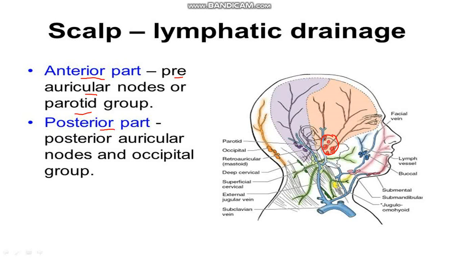The posterior part is drained into the posterior auricular node and occipital group. You can see this occipital group here, and the posterior auricular here.